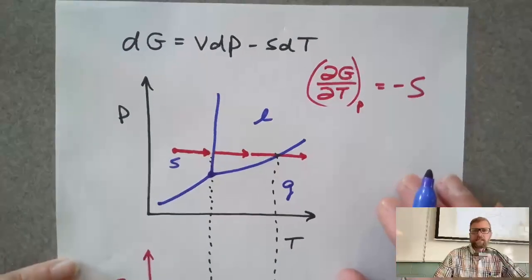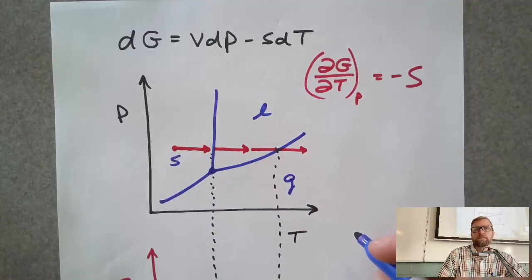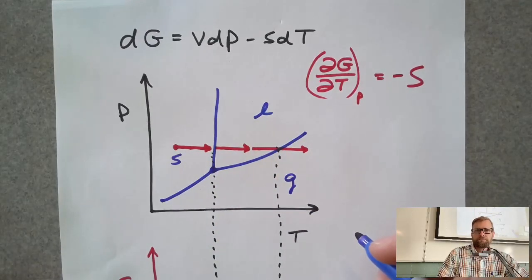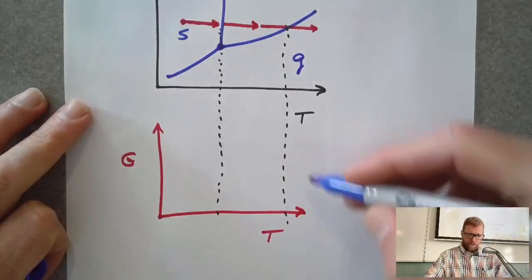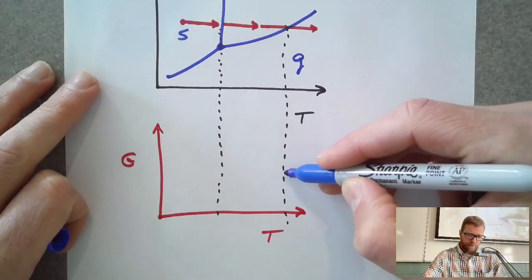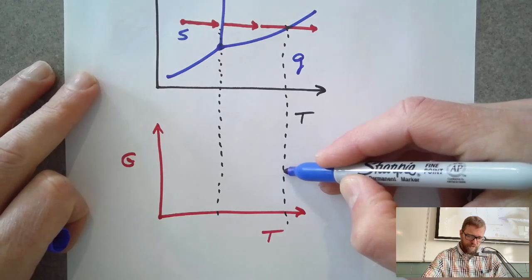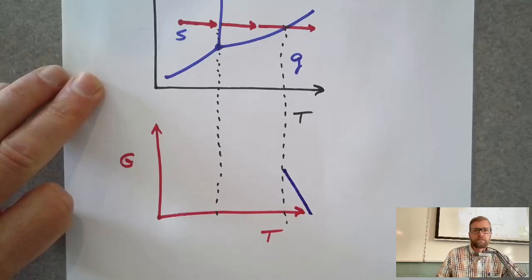Okay. So what has the highest entropy? Solid, liquid, or gas? Gas does, right? So in this graph, I'm going to expect gas to have the steepest Gibbs energy change. It's going to look like that, right?